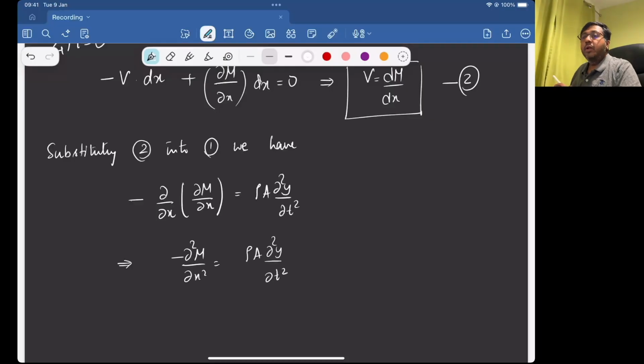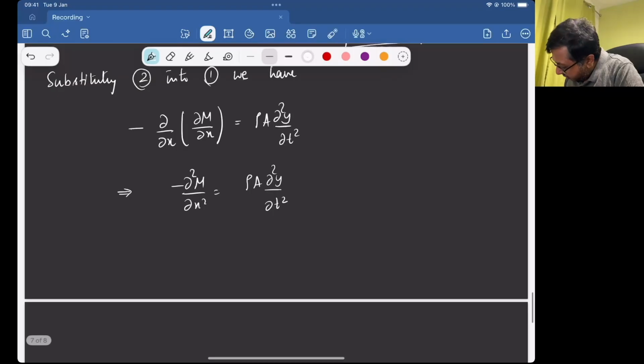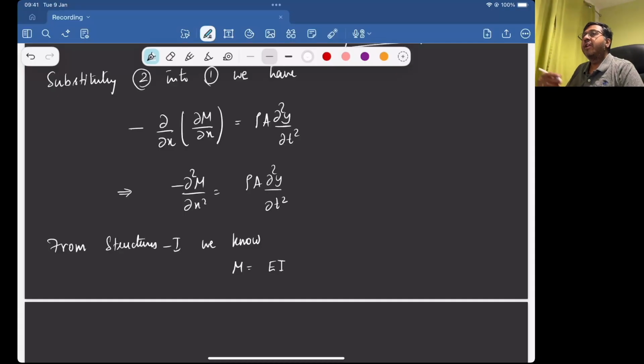But we also know from our structures 1 course the relation that M is nothing but EI, especially for a linear elastic homogeneous material, times ∂²y/∂x².